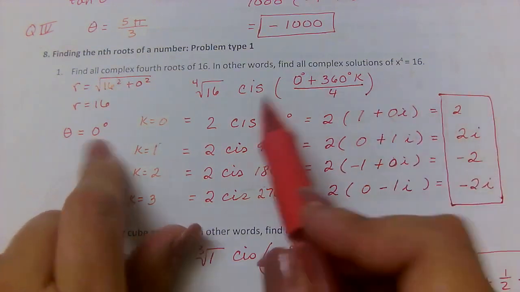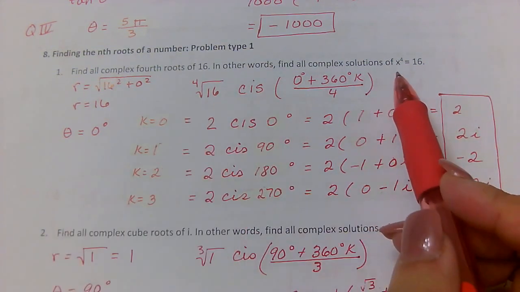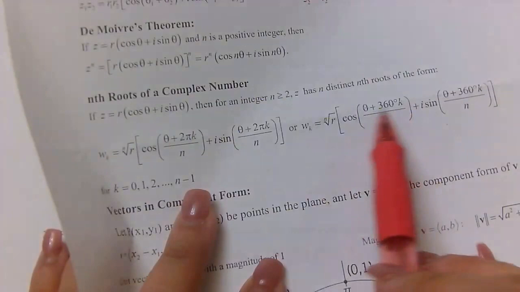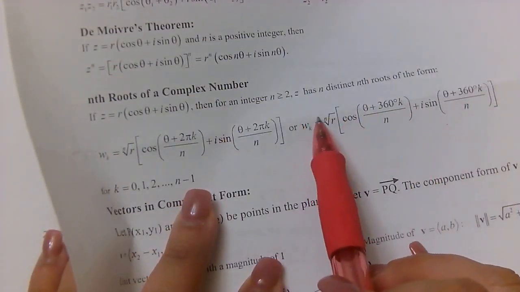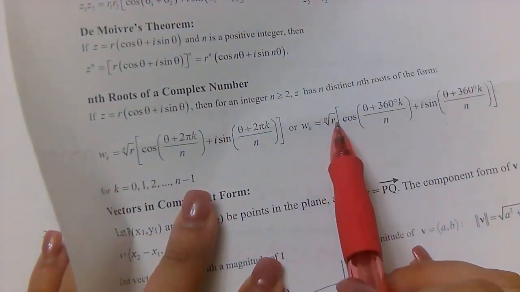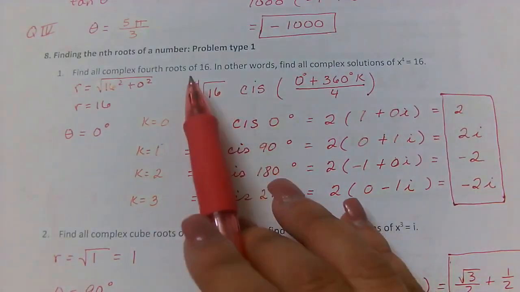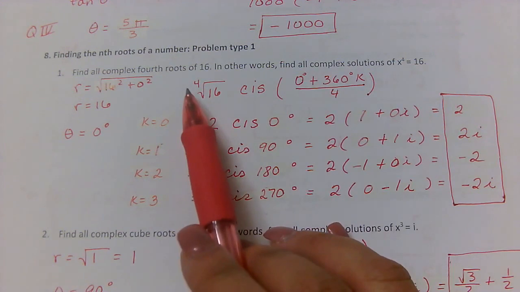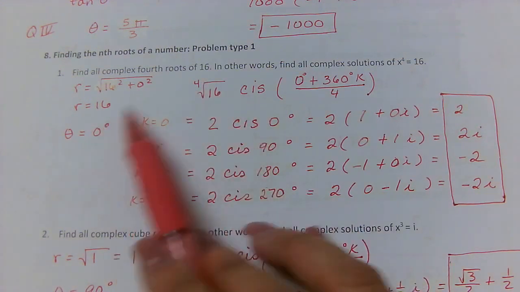The next thing I did was use the formula, which you can find right here. I'm going to be using angles, so I'm using this one. It says the nth root of r. So the n in our case here is 4, so I did the 4th root of r, which is 16.